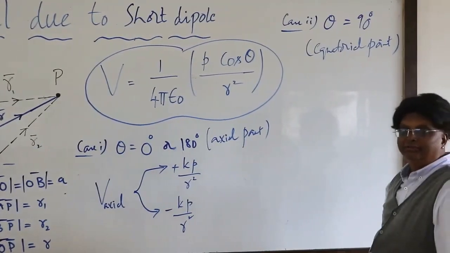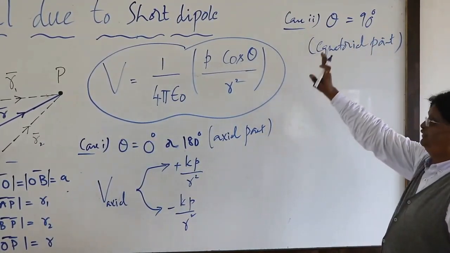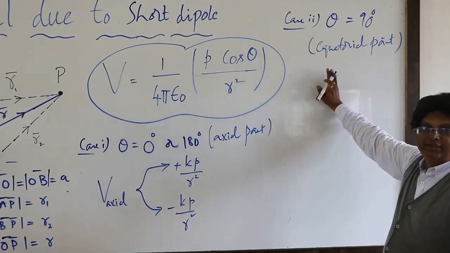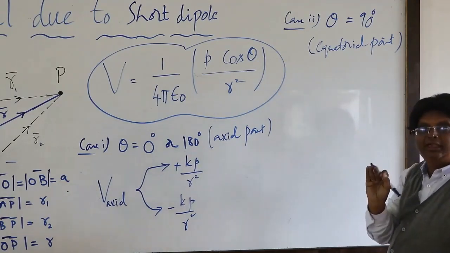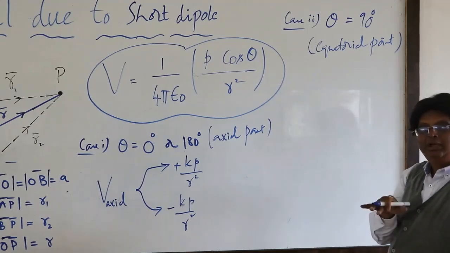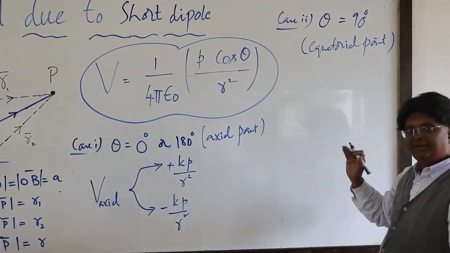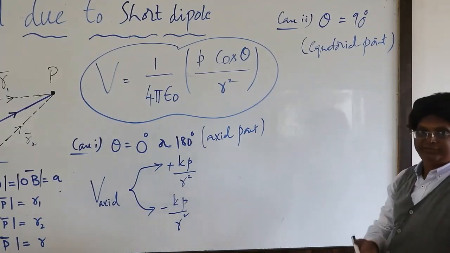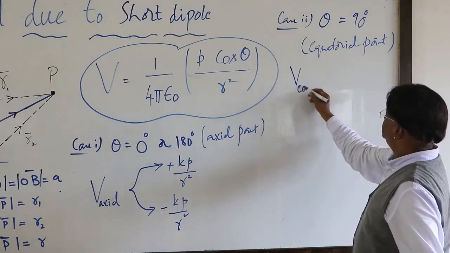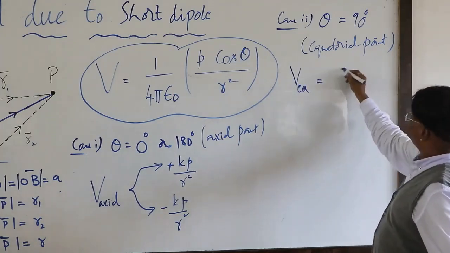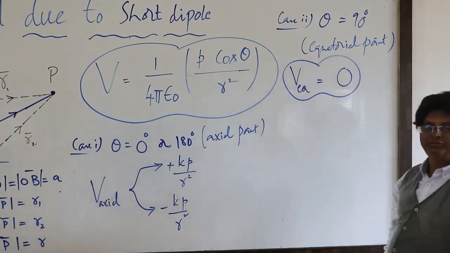Mathematically, cos 90 is 0. Therefore, potential becomes 0. At any equatorial point of a dipole, net potential is 0. Let us first write the result and then analyze why it is so. V equatorial is equal to 0.